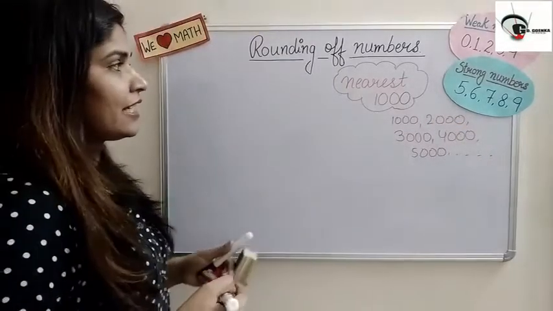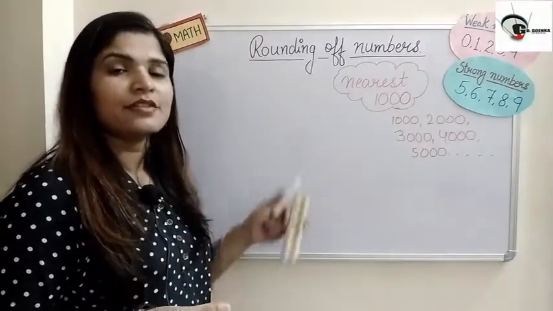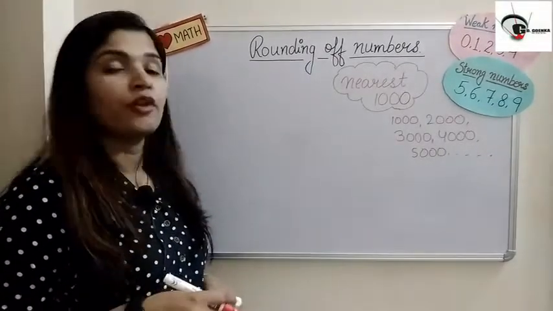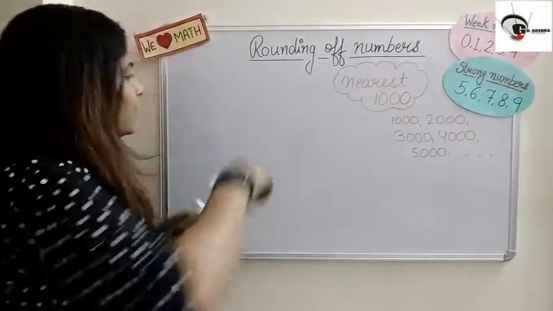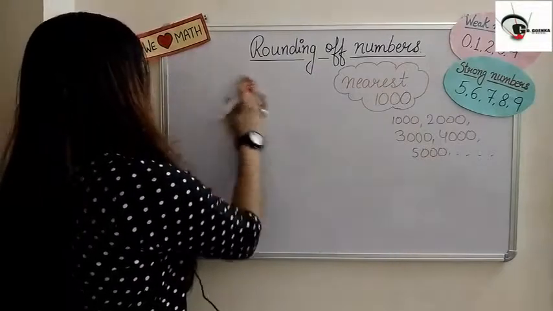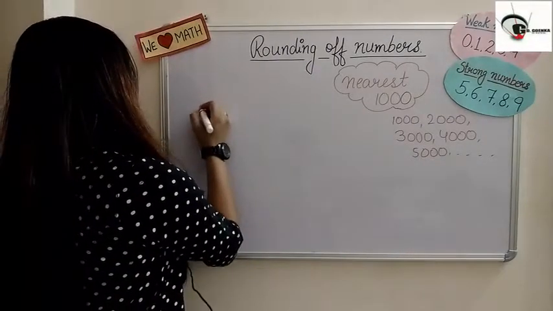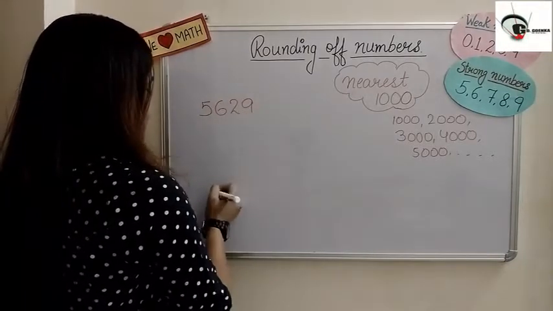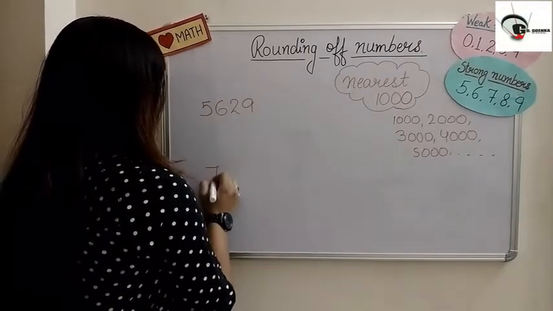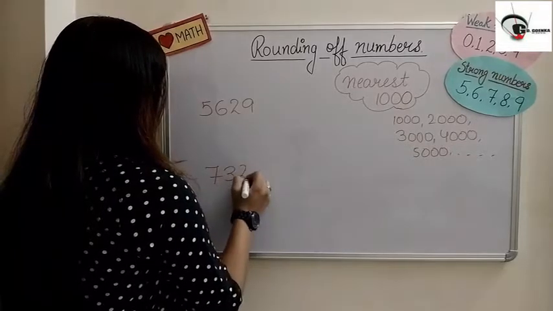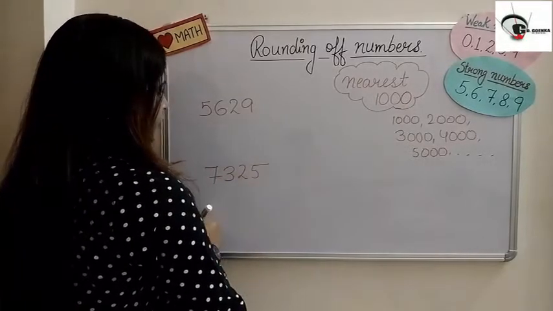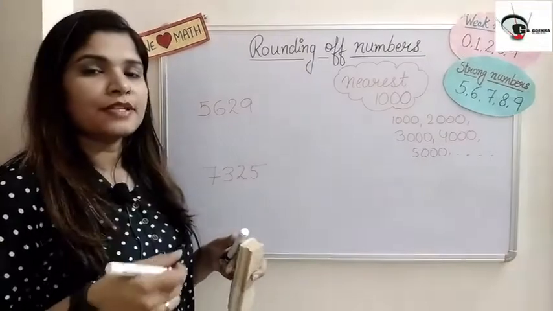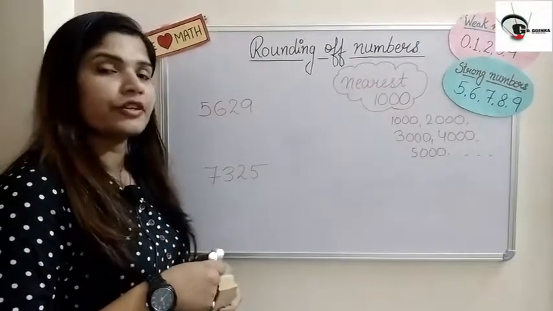So let me take examples which we are going to round off to the nearest 1000. I am taking a 4-digit number, that is 5, 6, 2, 9. One more number, 7, 3, 2, 5. Let us see these two examples first and then we'll move further.